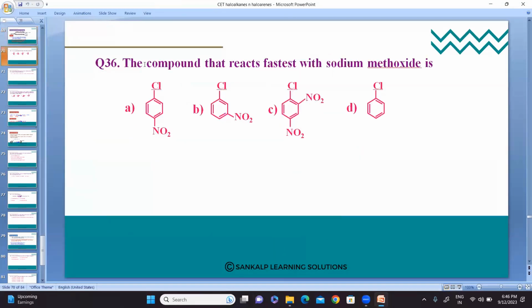So next question: the compound that reacts fastest with sodium methoxide is... So which is the compound which reacts fastest with sodium methoxide? We know that electron withdrawing groups like the NO2 group will increase the reactivity of aryl halides towards nucleophilic substitution reaction, and more so when present at ortho and para position.